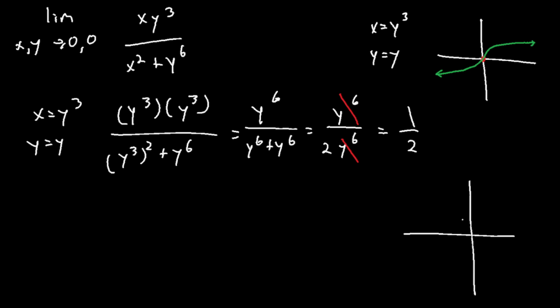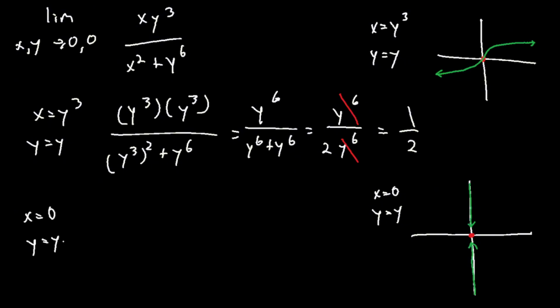What if you approach along, again, some value where the numerator is equal to 0 but the denominator isn't? Well, I don't know. It's up to you. Oh, you picked the y-axis? Okay, let's approach along the y-axis. So when you're approaching along the y-axis, x is equal to 0, y is equal to y.